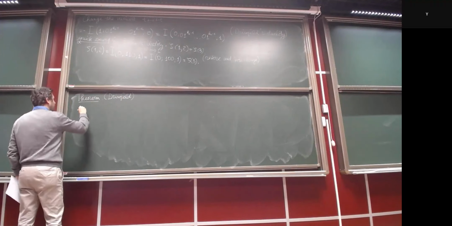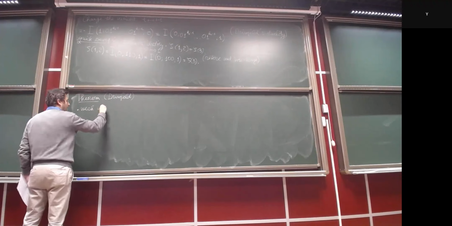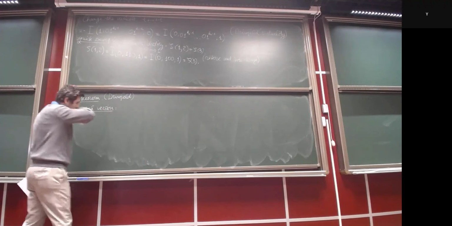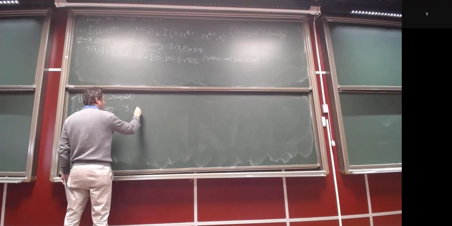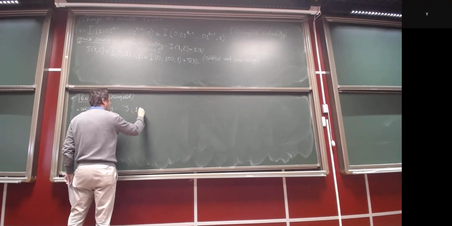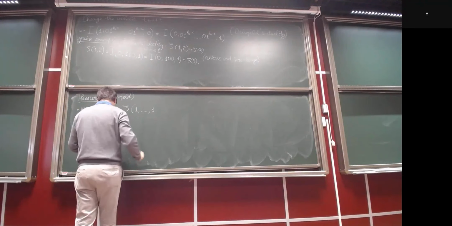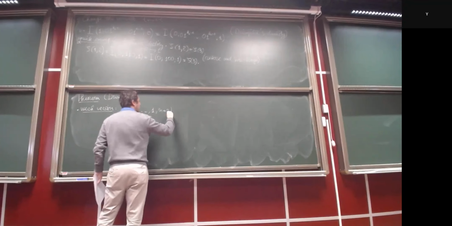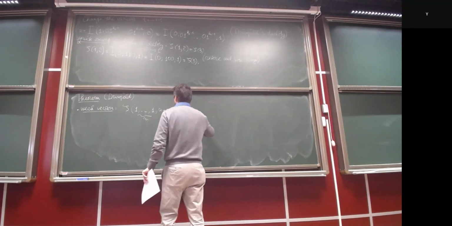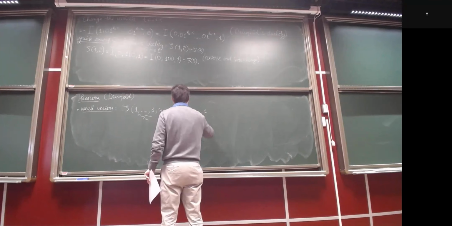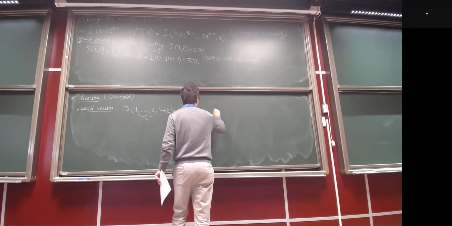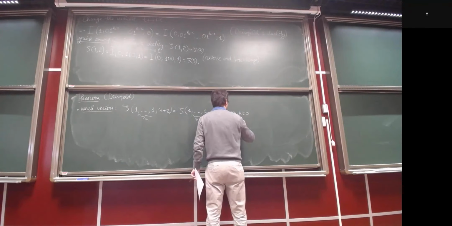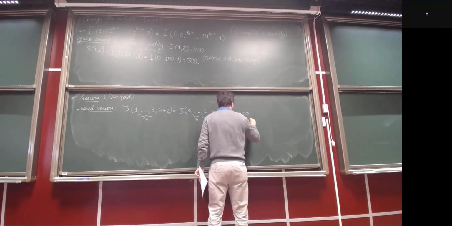So the weak version is the following. Zeta of, and I'm going to write it in this way, m copies of 1, and then n plus 2, is the same as n copies of 1 and n plus 2, with the roles of m and n interchanged, for m and n non-negative integers.